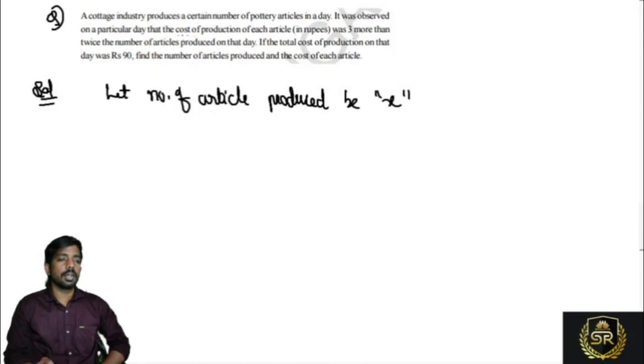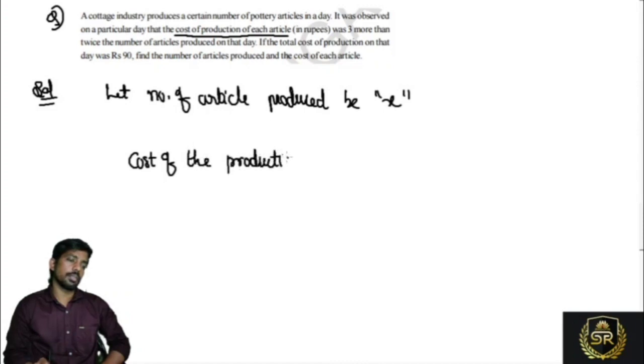It was observed that the cost of production of each article was 3 more than twice the number of articles produced. 3 more means plus 3. And the number of articles we assumed is x, right?